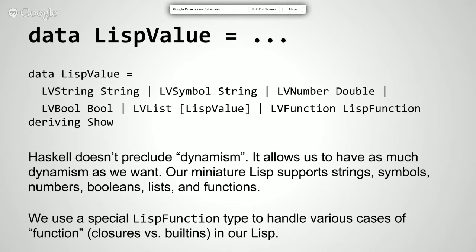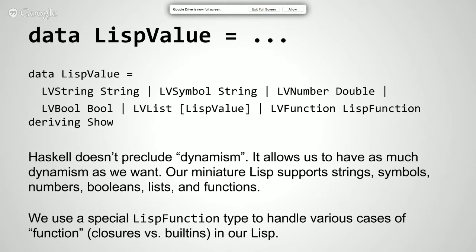We have numbers, we have bools, we have a list of Lisp values, so again, it's a recursively defined type, and we have LV function, which wraps a Lisp function, which actually covers 3 cases of functions.